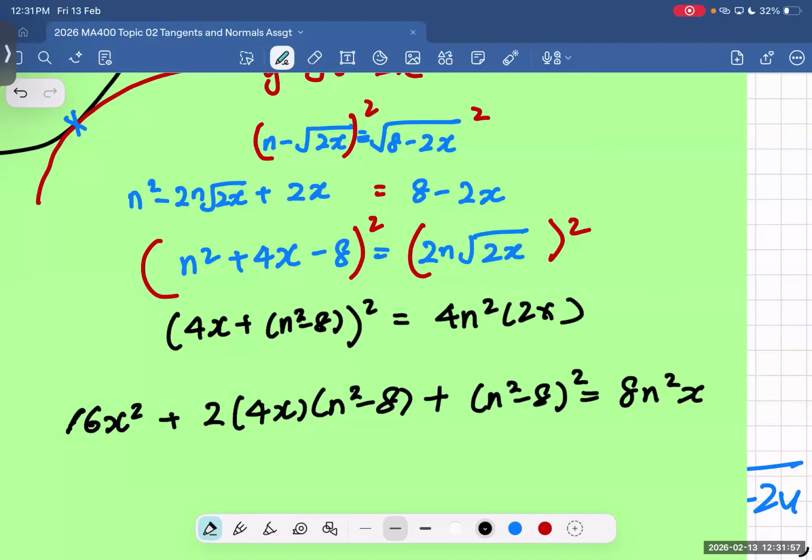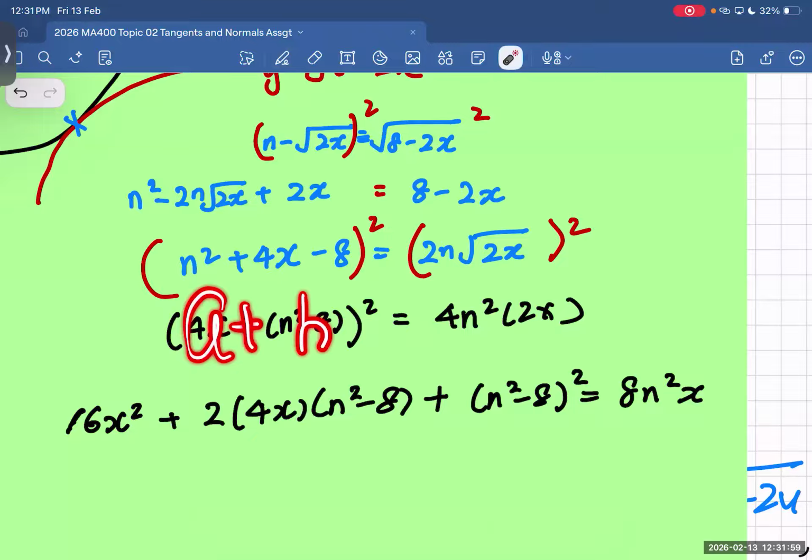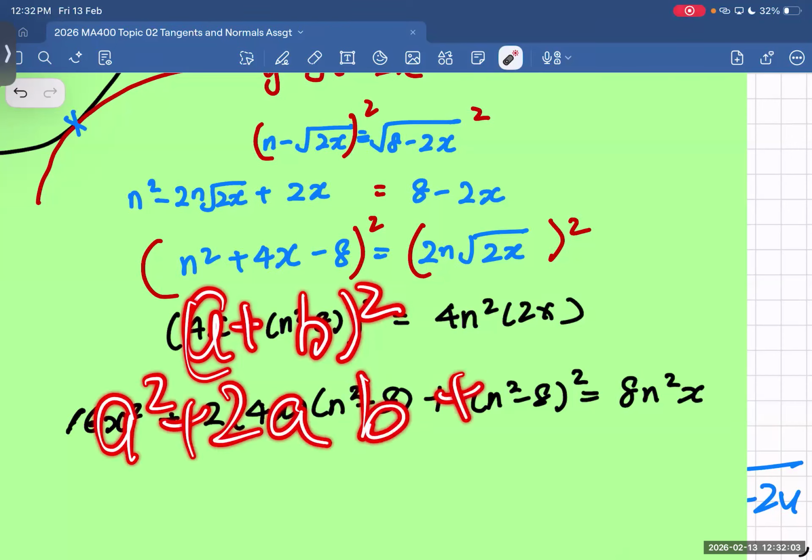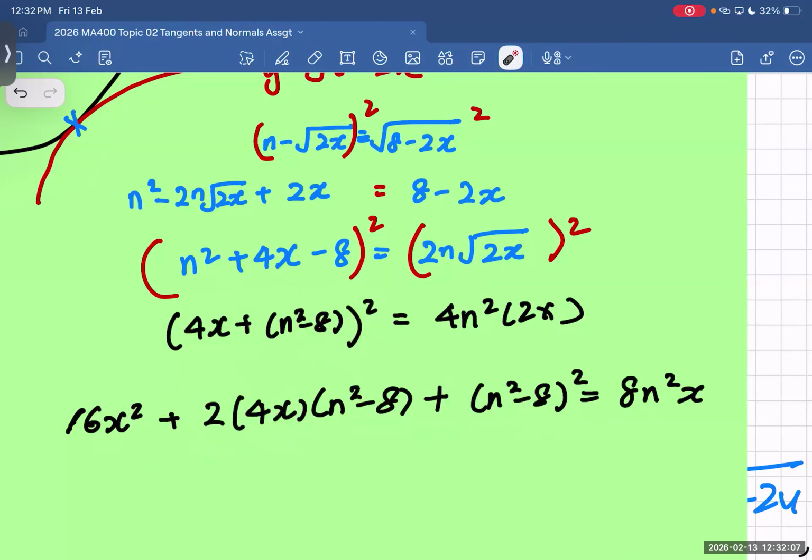So I show you one more time. (a plus b) squared is a squared plus 2ab plus b squared. Now, because I know that I'm using discriminant, anything that is free from x, I can put together. That means my c.